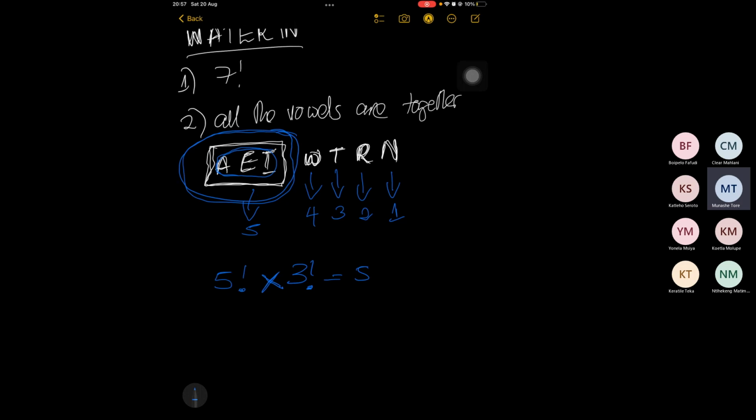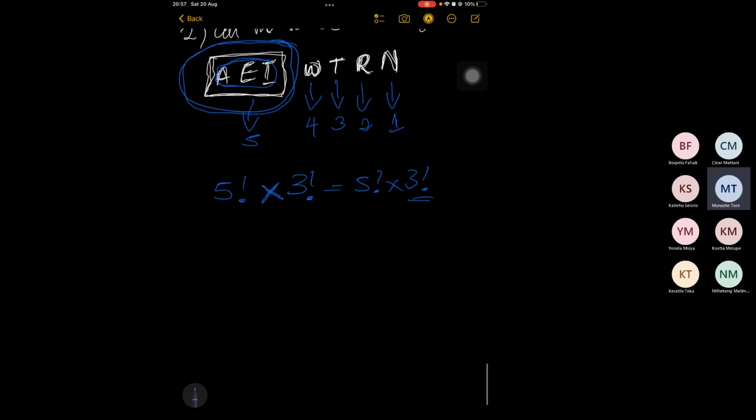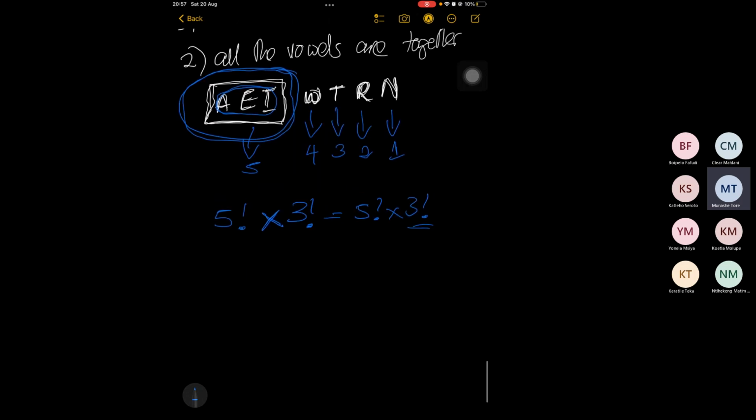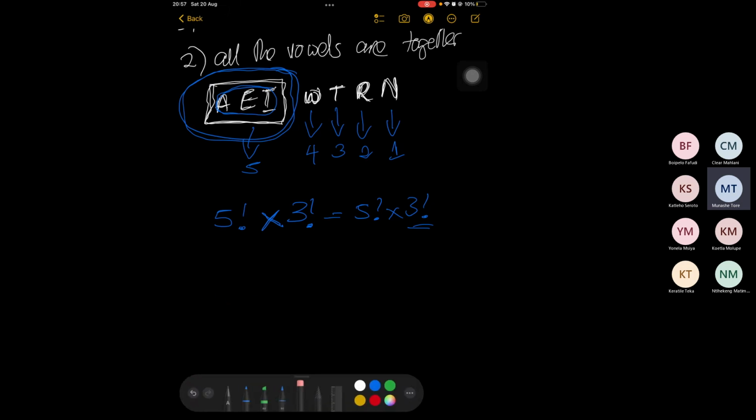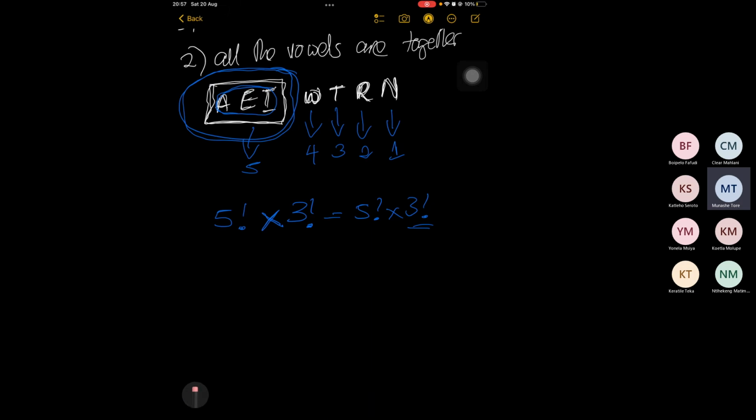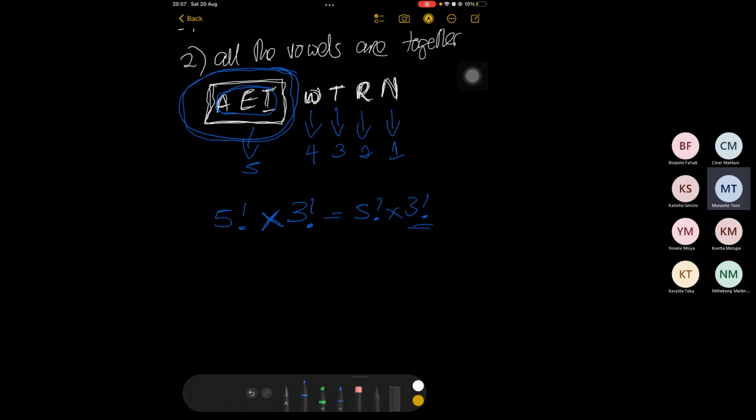So it's going to be 5 factorial times 3 factorial. You can just start with 3 factorial, because you say the vowels or the couple. If it's a couple, then it's going to be 2 factorial. So in this sense, it's going to be the vowels as they are, which is A, E, and I, of which there are 3. So it's going to be 3 factorial, as I saw.